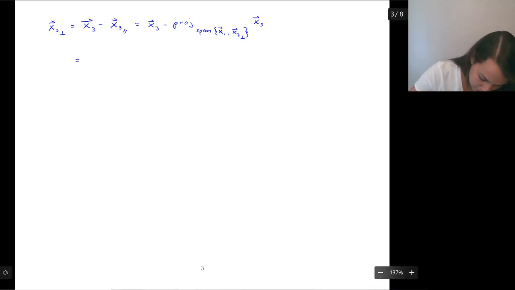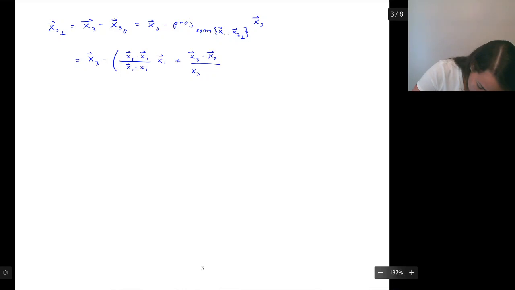Let's write out the definition of that projection. That's x3 dot x1 over x1 dot x1, times x1, plus x3 dot x2 perp over x2 perp dot x2 perp, all times x2 perp.